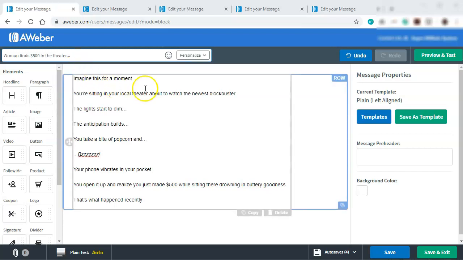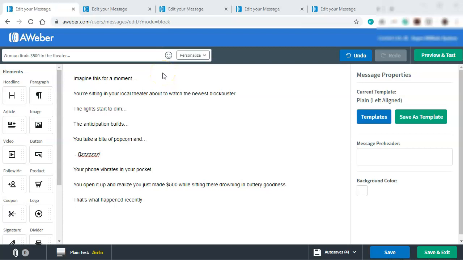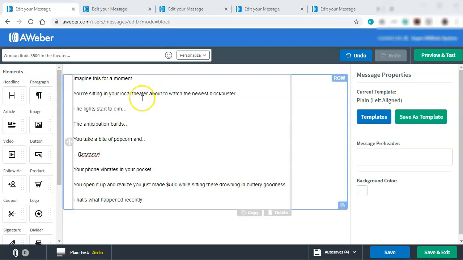And then I start with the opening line that gets the reader to try to be creative and imagine something for a moment. Then you guide them into the story slowly, telling them what happened. So this woman was in a theater.